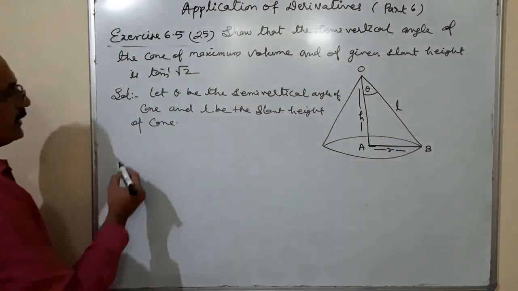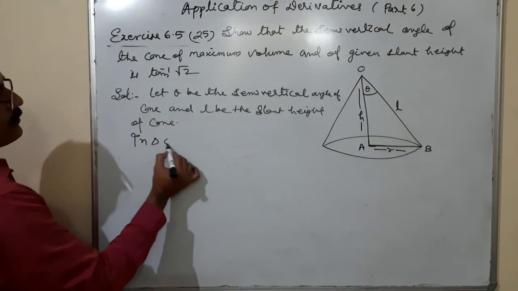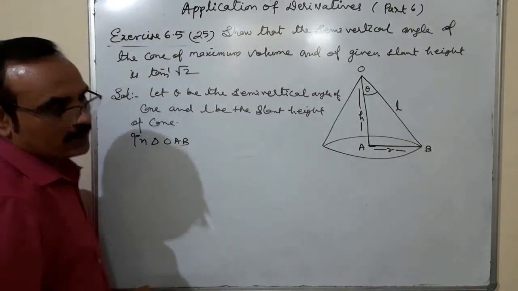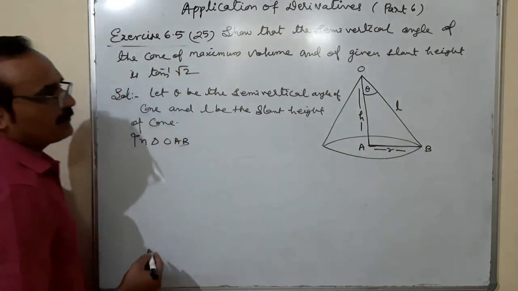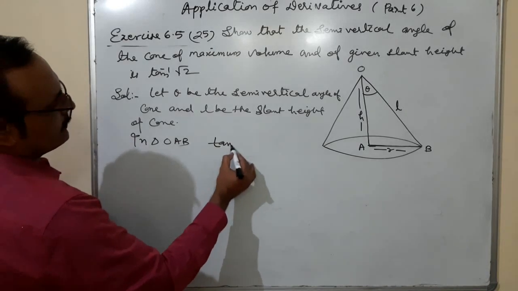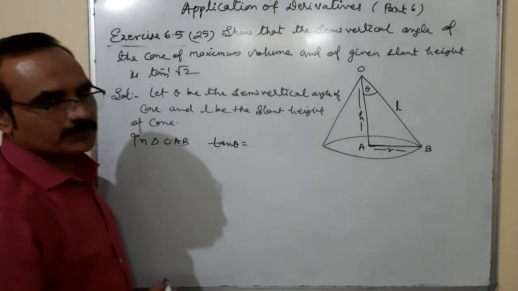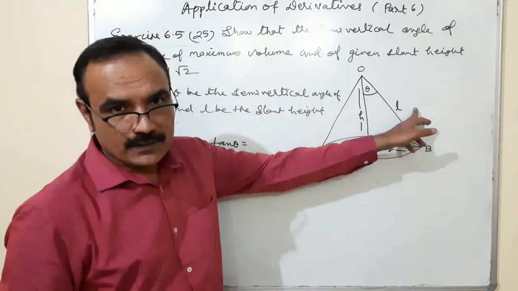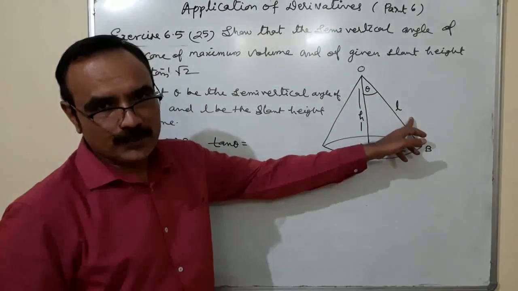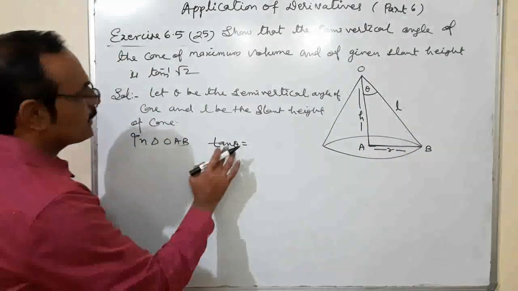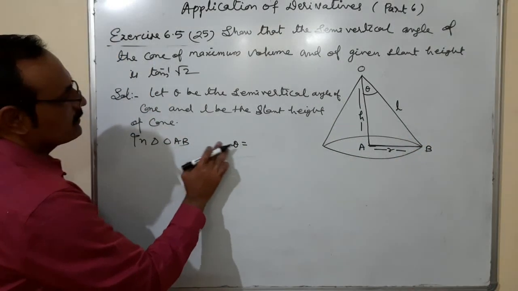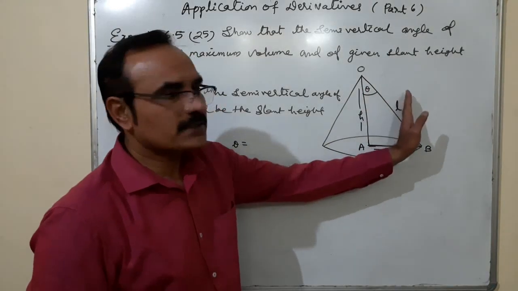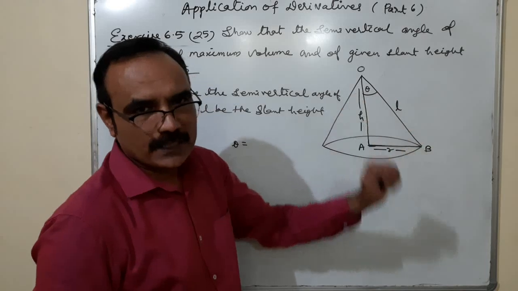In triangle OAB, this is theta. We could use tan theta, which is perpendicular upon base, but we need slant height L, the hypotenuse, so tan is not required. Which should be taken? Opposite of theta, that is perpendicular, upon hypotenuse, that means sine.